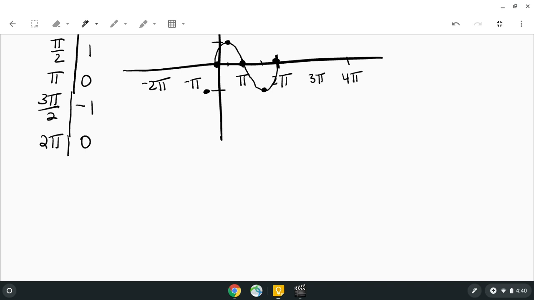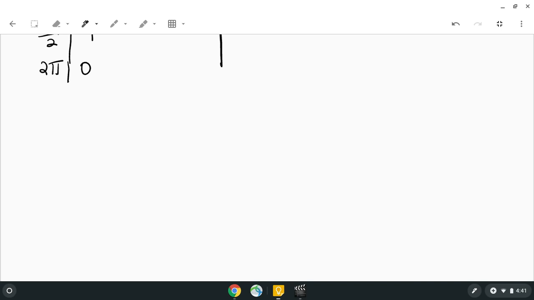The one, however, that gets a little tricky is the sideways shifting, because they do a little bit extra stuff here. So I'm going to show you how to deal with the left-right shifting. All right, so transformations.